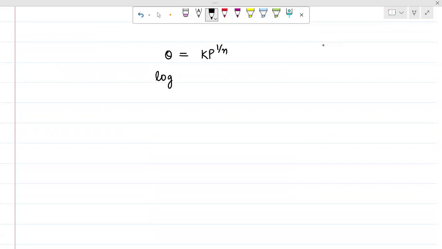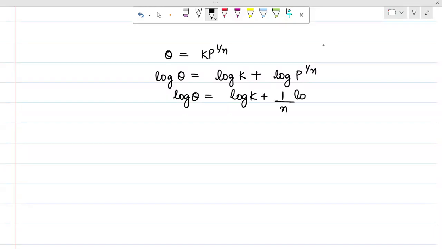So what I get is log theta is equal to log of k. Now we know that whenever there is a product and you have to take the log, it appears as plus, log p to the power 1 by n. Now, log A to the power B is B log A. So, log theta is equal to log k plus 1 by n log p.